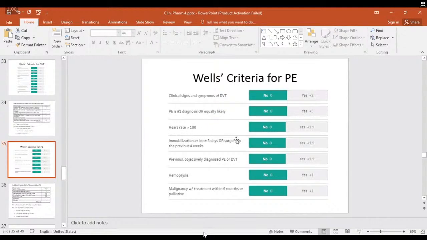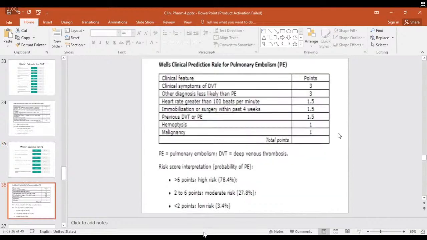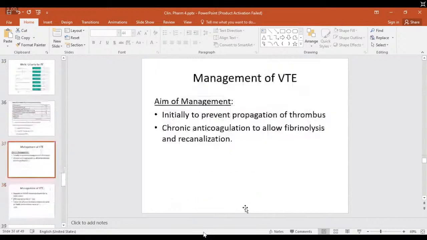These patients are usually tachycardic because they have a low saturation because not enough blood can go to their lungs to be oxygenated. Plus 1.5 points, and so on. And here again, over 6 points, it's high risk, 2 to 6 points, moderate risk, less than 2 points, low risk of having pulmonary embolism.